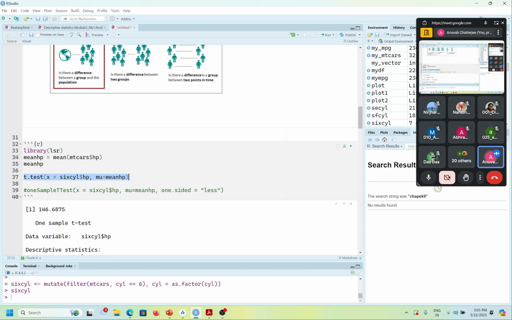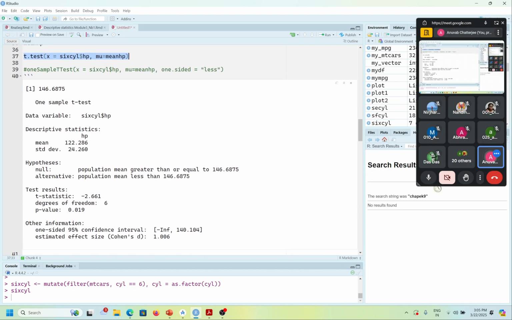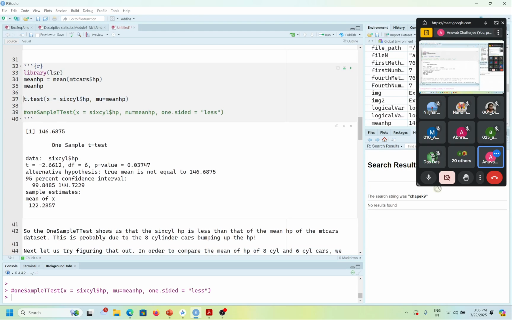It would be very nice if someone displays their screen and shows what they see, or otherwise you can see what the test will look like on my screen as well. Let me know if everyone has run it. It should look something like this.